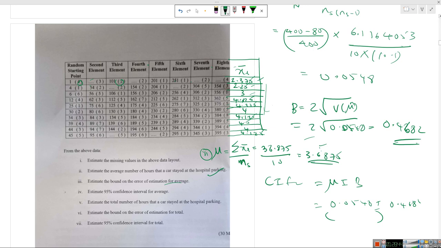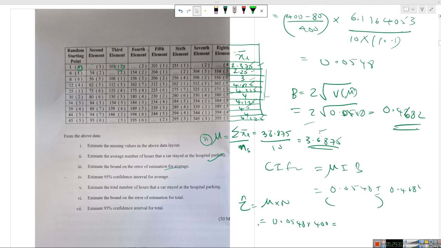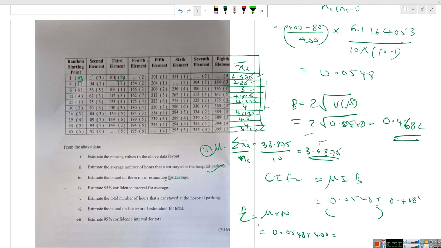And again, estimate the bound for the total. For the total, we have to find the total, which is equal to mu into N. Mu hat is not this value, I'm sorry; mu hat is this value, 3.6875 into 400.